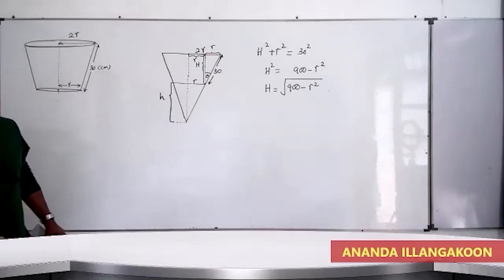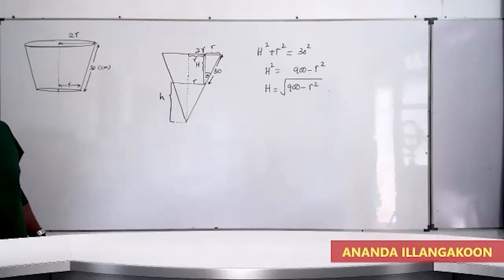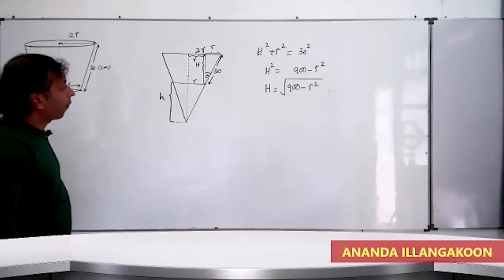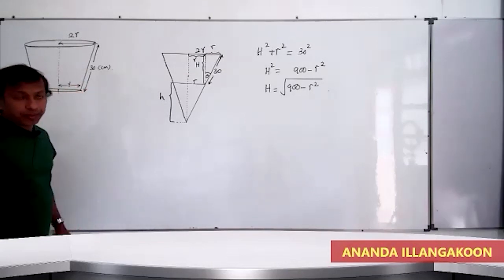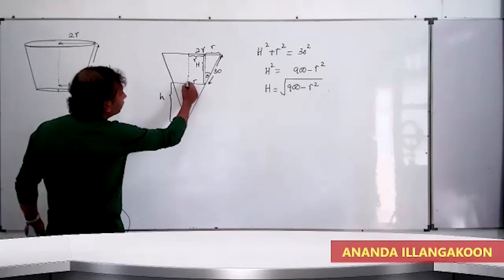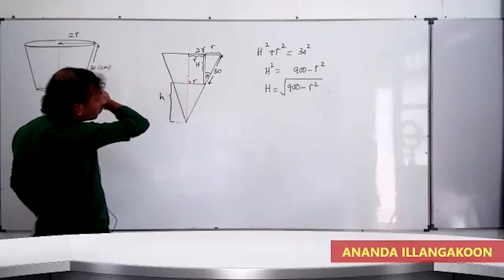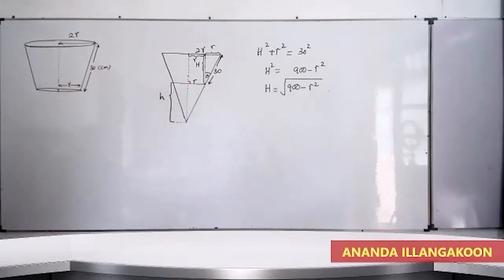Then how to find this small h? You can apply, people, this way, one relation. This is 90, no? Okay.